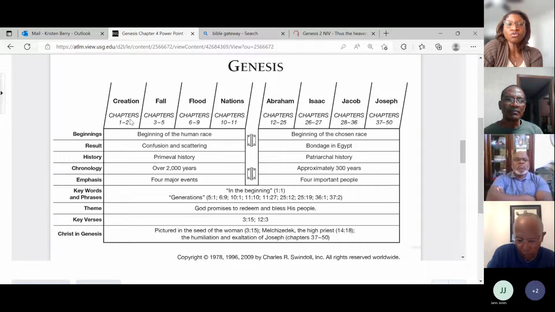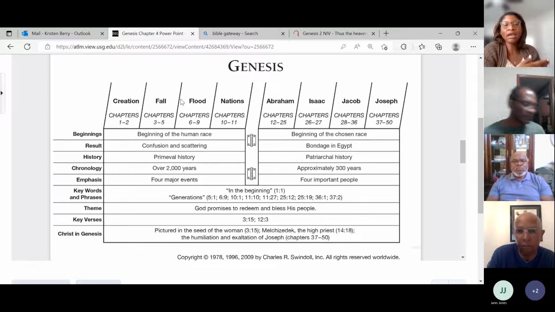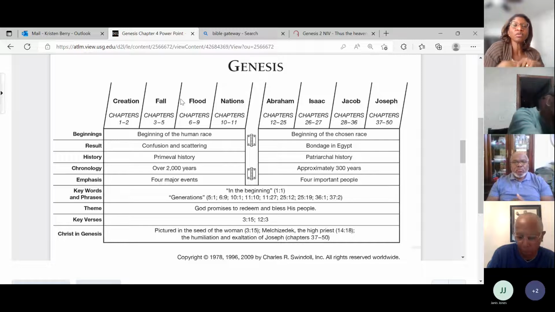chapters 1 and 2 go through creation. Remember, we walked through that. Then it didn't take the people long, right? Chapters 3 through 5 talk about the fall of the humans. So that was Adam and Eve. They thought they were wise and going to eat this fruit. They fall into sin.